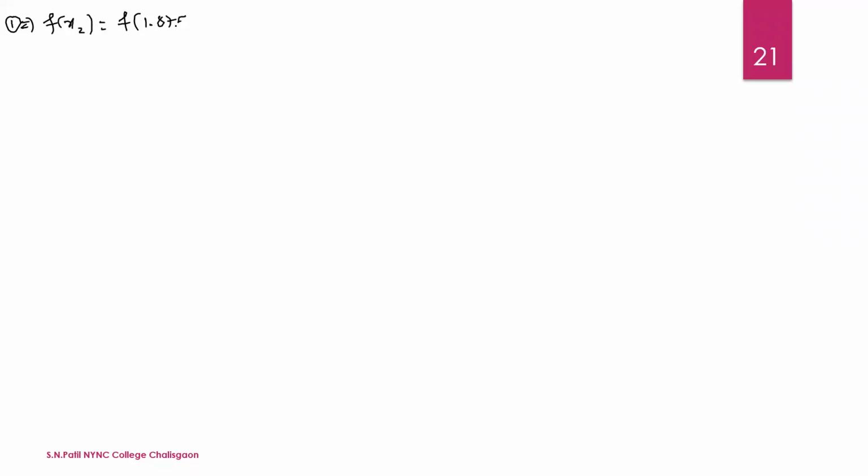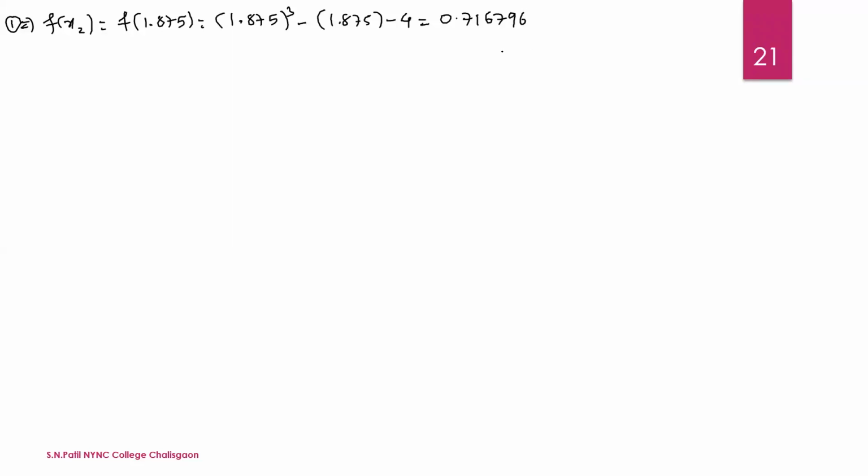1.875 is equal to 1.875 raised to 3 minus 1.875 minus 4 is equal to 0.716796.